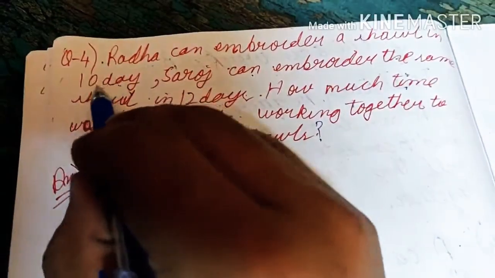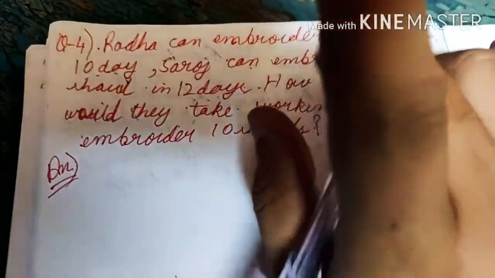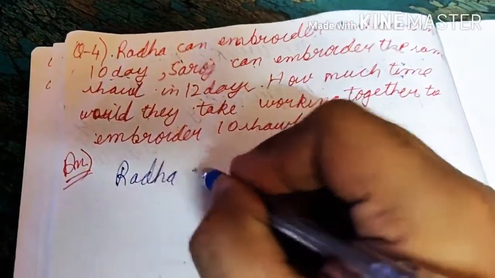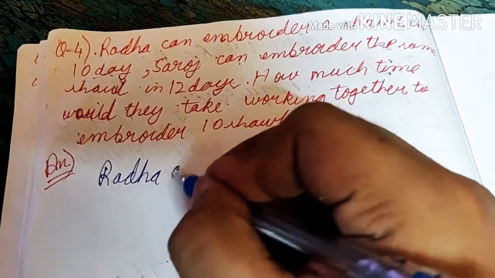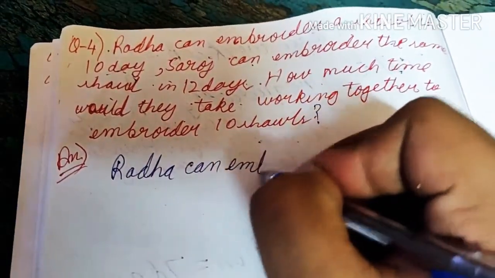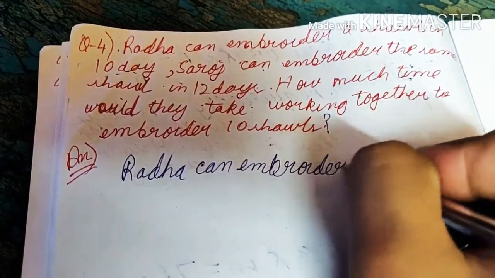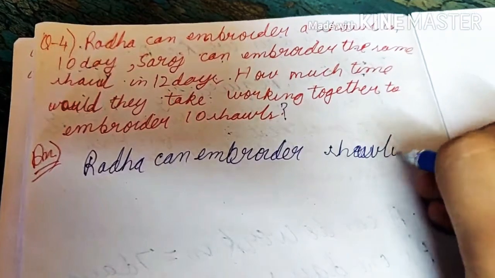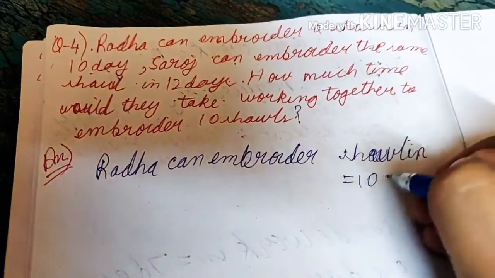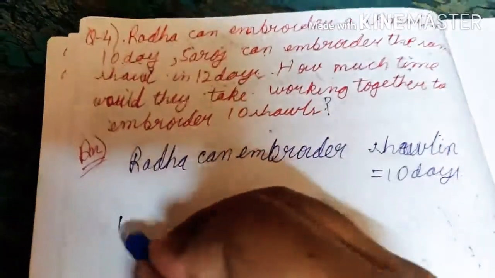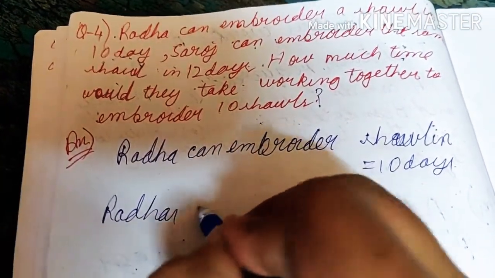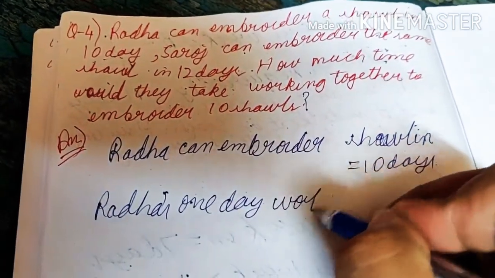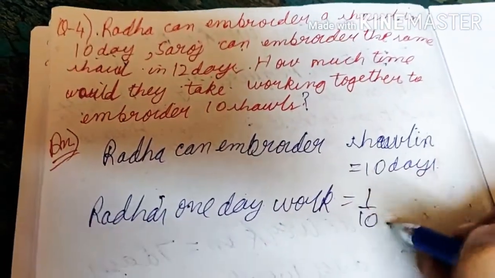Radha can embroider a shawl in 10 days, means they can embroider one shawl in 10 days. So Radha's one day work will be equal to 1 by 10.